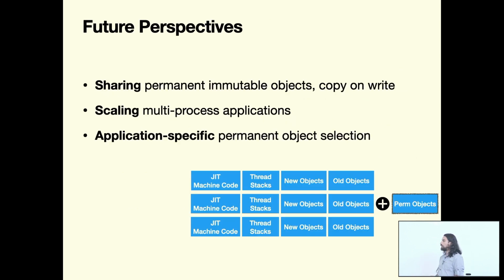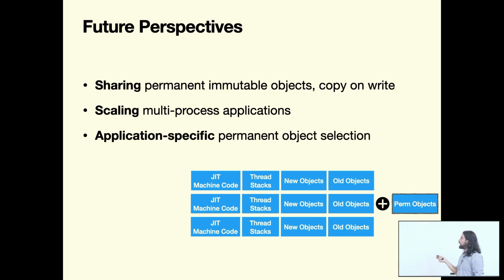One of the other things that we are working on, Pablo is the guy behind this, is that once we have this idea of really separate segments of memory, why not share them? The main idea is to share, for example, the permanent objects between several processes. Why don't you share all the kernel classes of Pharo between many images?